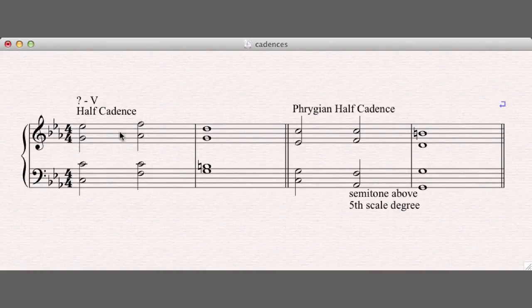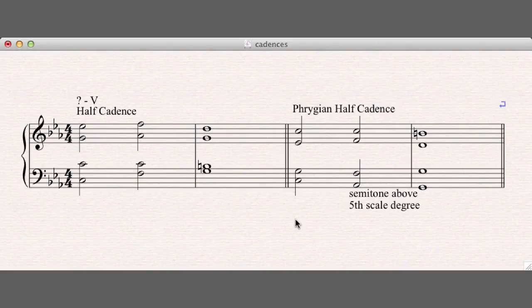There's a variation of this half cadence that you find only in minor keys, and it's called the Phrygian half cadence. And the thing that really marks the Phrygian half cadence is this.